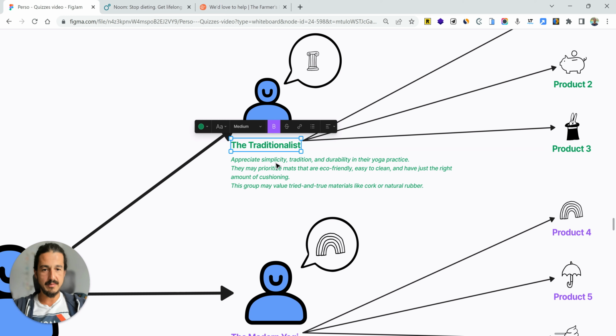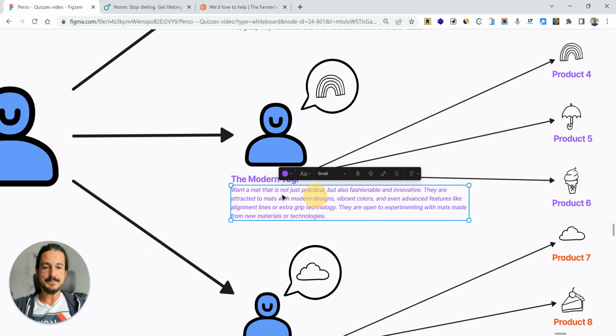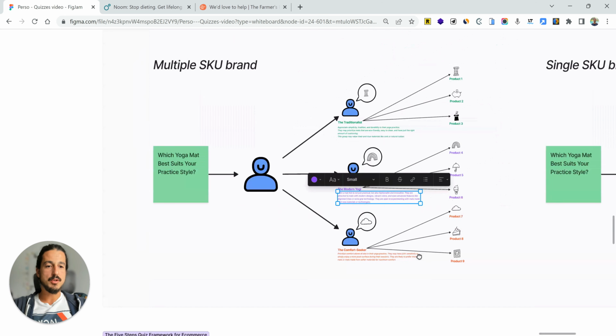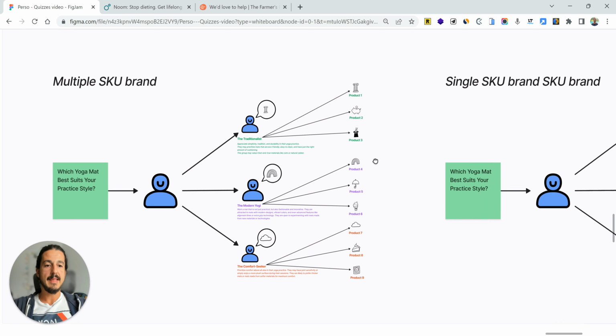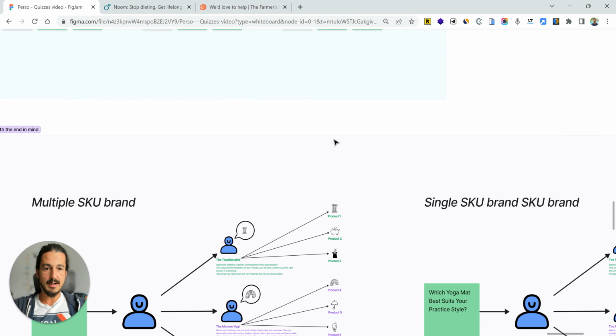So the traditionalists, I just gave them names. They want simplicity, tradition, durability in their yoga practice. The modern one, they love fashion, innovation, so they are modern. And the comfort seeker, which of course prioritizes comfort. And those 3 customers, even though they all want probably a yoga mat and different products around this niche, they are interested in different types of products, right?